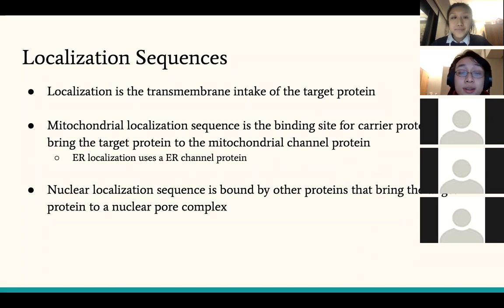The mitochondrial localization sequence would be recognition of a mitochondrial transmembrane channel protein for that target protein to enter the mitochondria, and so is the ER. The ER and mitochondrial localizations are very similar. The nuclear localization is a little bit different because the nucleus uses nuclear pores, and those aren't exactly the same as channel proteins. We'll get into that in the next slide.